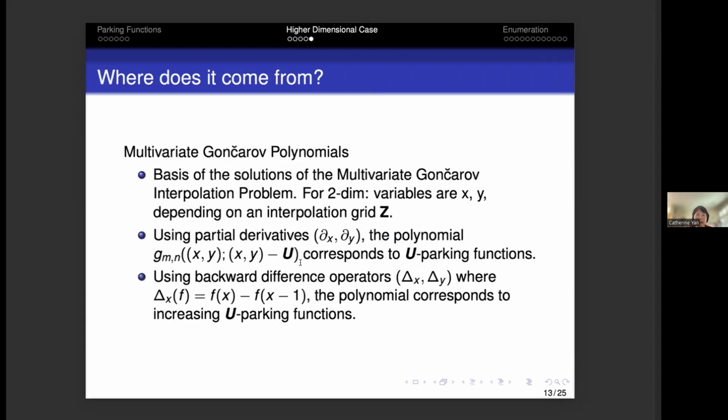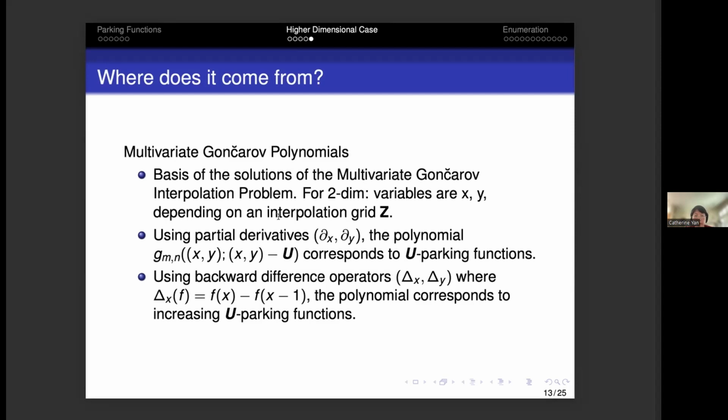So I think a natural question is, why do we think about this definition? Well, this definition comes from our study of the multivariate Gončarov polynomials. This is actually true in general k-dimensional space, but let's just concentrate on two dimensions.